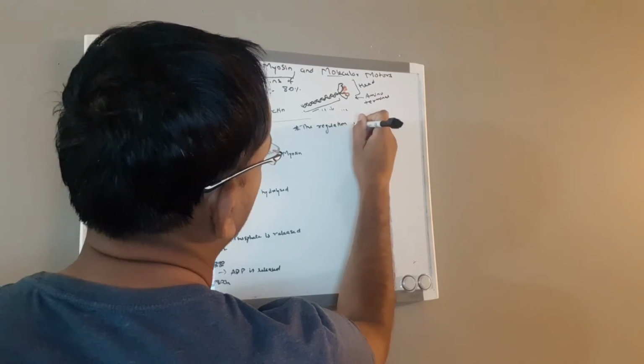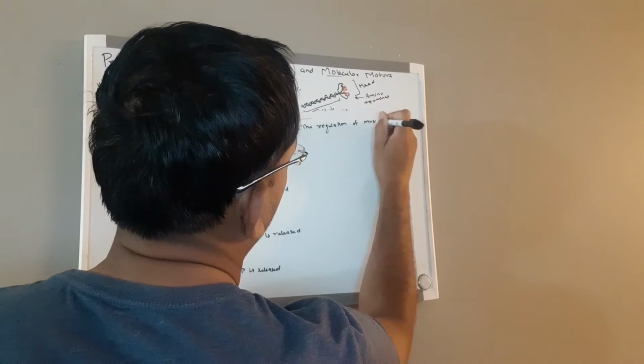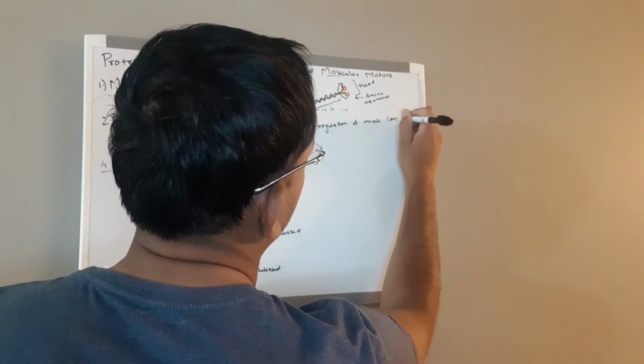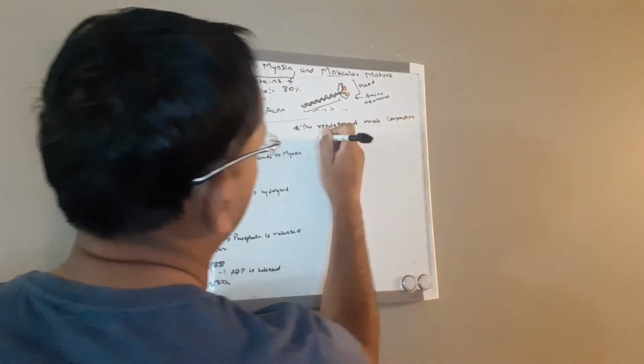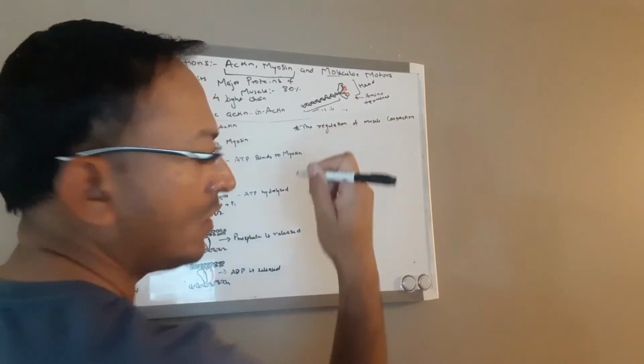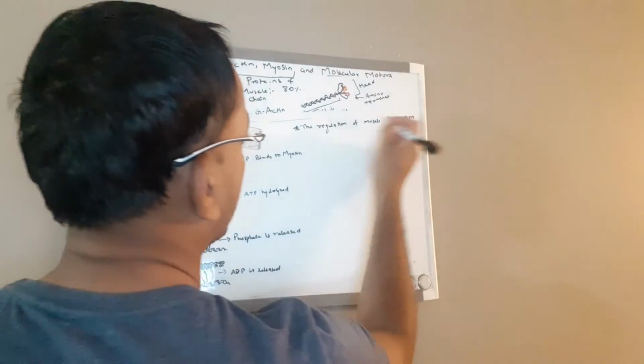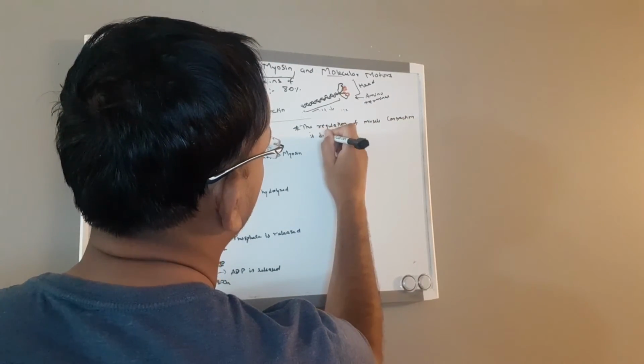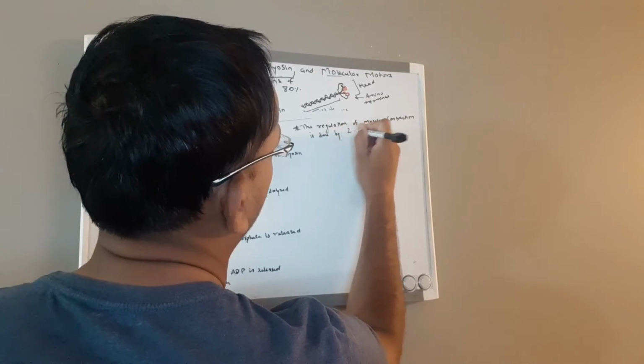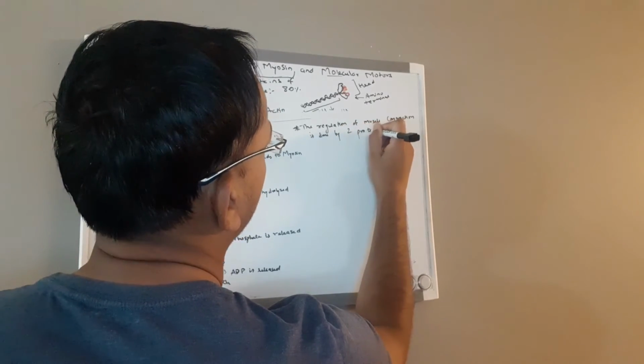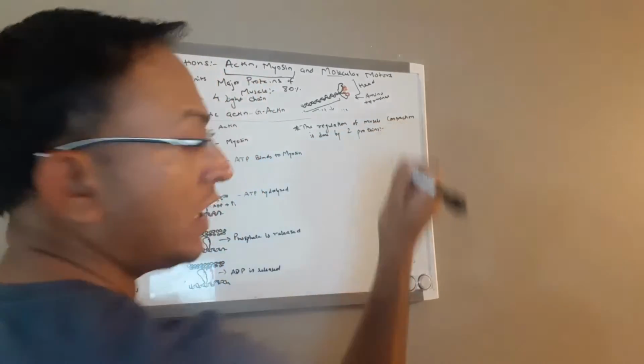So the regulation of muscle contraction is done by two proteins. Which are those two proteins?